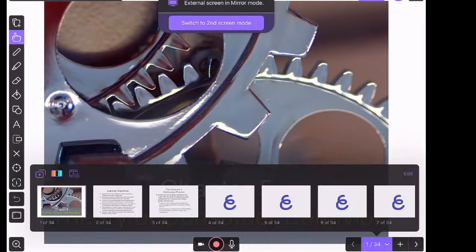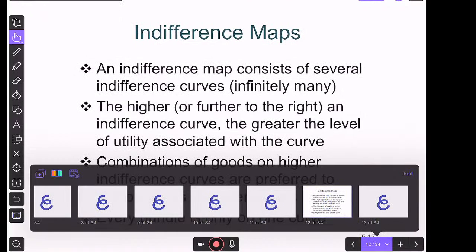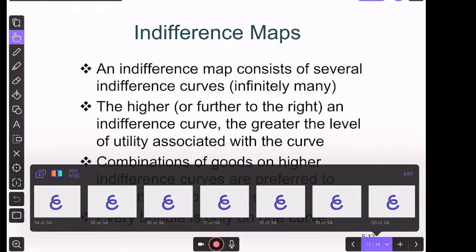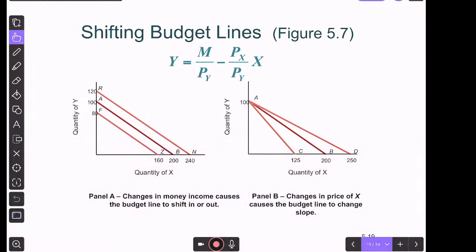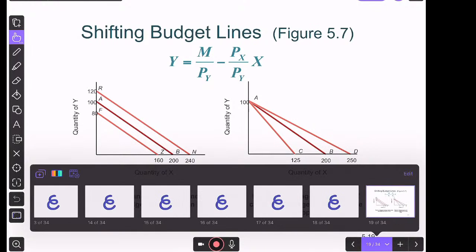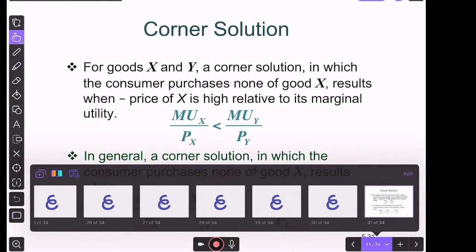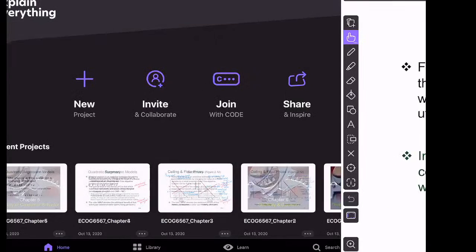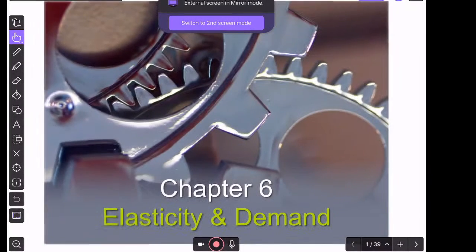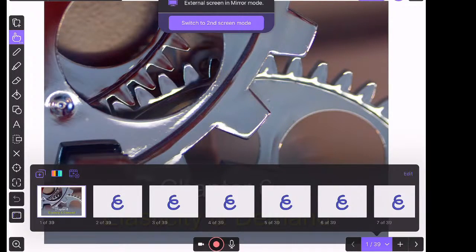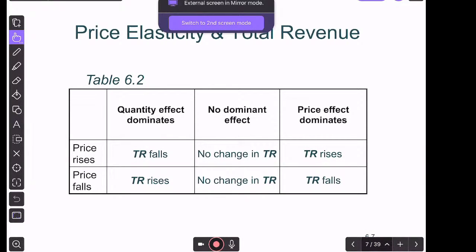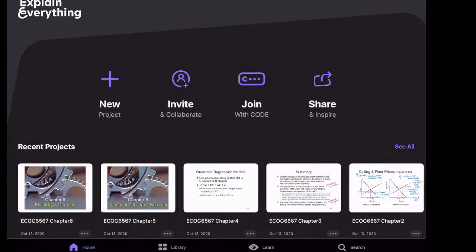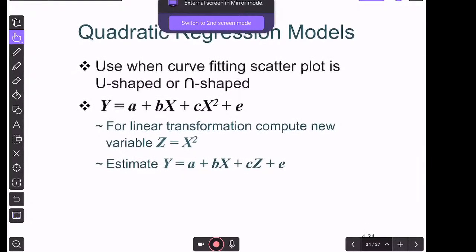And it also results in the indifference maps thing. Okay, so I have to do this. And then elasticities. So if you still need time, let me know. I can add some days.